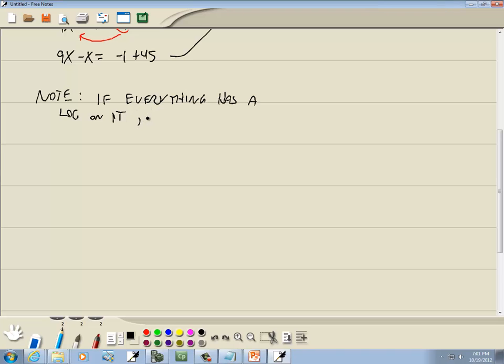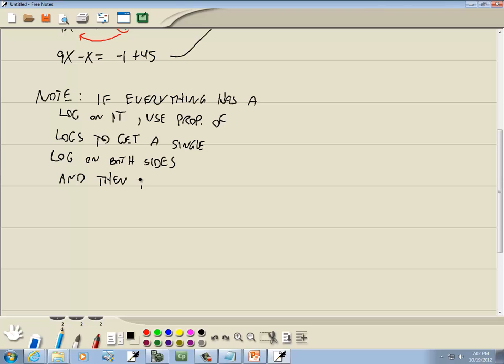So if everything has a log on it, use properties of logs to get a single log on both sides, and then drop the log part. Everything else remains, you just drop the log off of it.